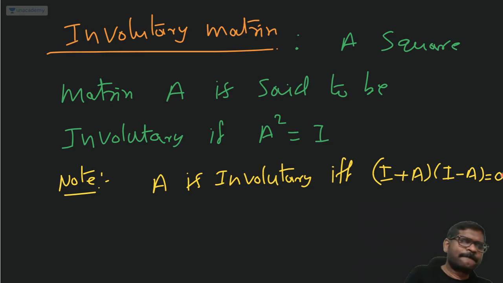Okay. If A is involutory, then I plus A into I minus A equal to 0. 0 means null matrix.